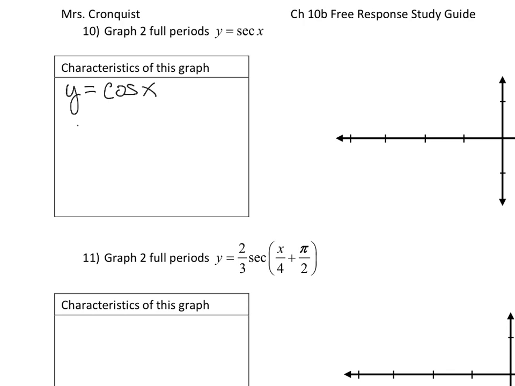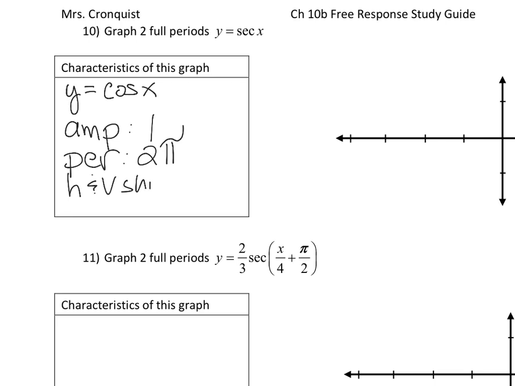Okay, now we're going to list our characteristics. Amplitude is 1. Period is 2 pi. Horizontal and vertical shift are 0. And it's not rotated.